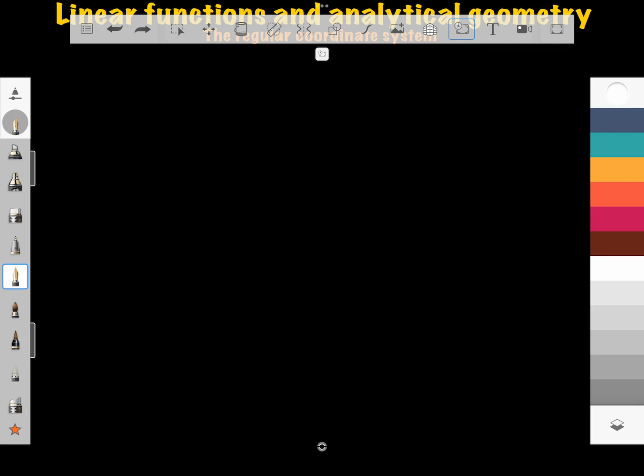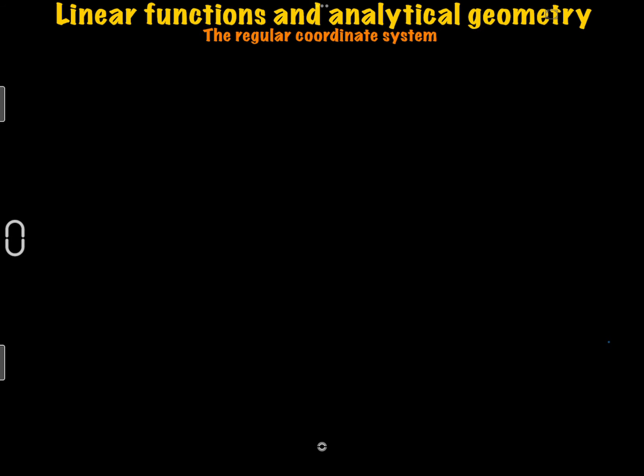Suppose now we still have our Cartesian plane. I have to measure this.